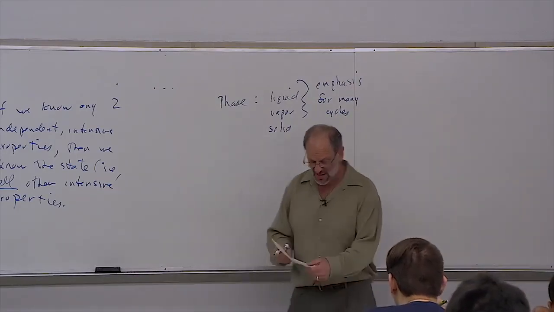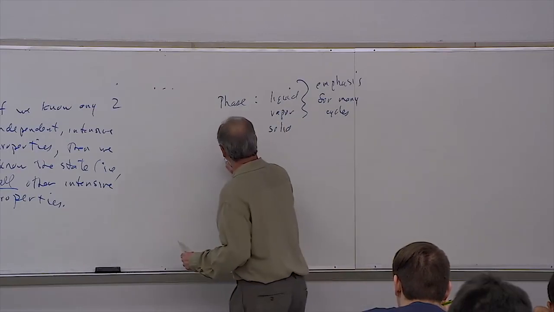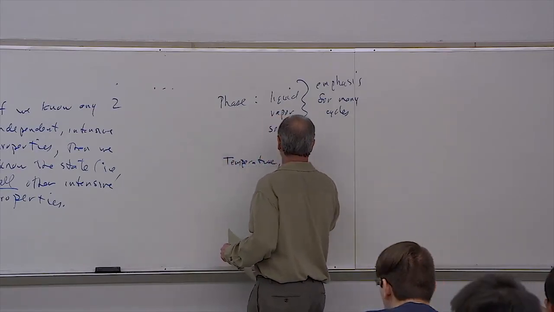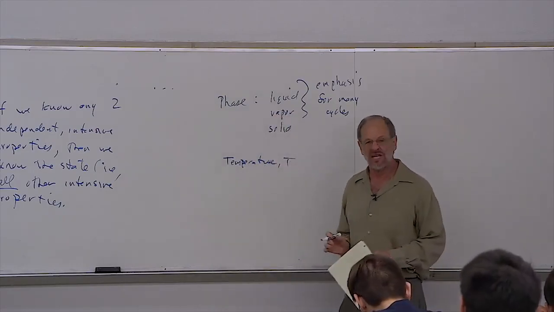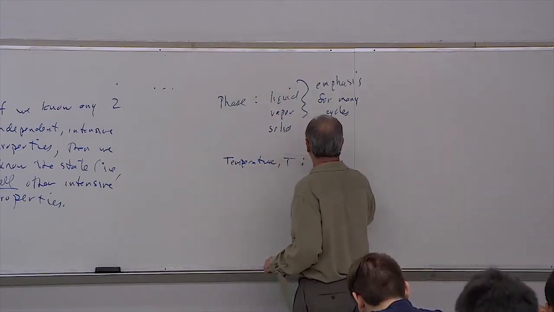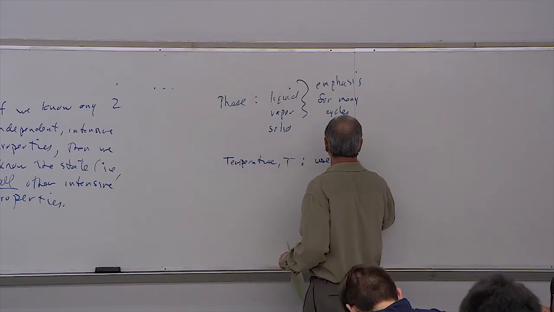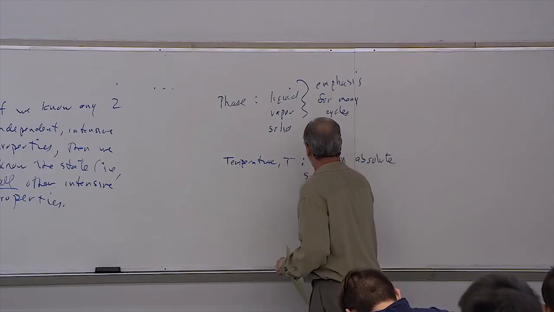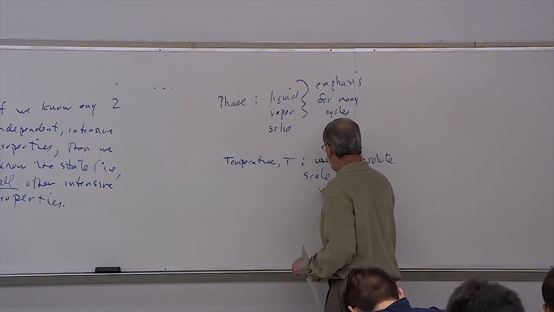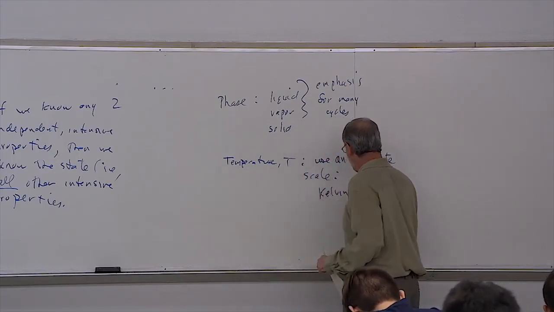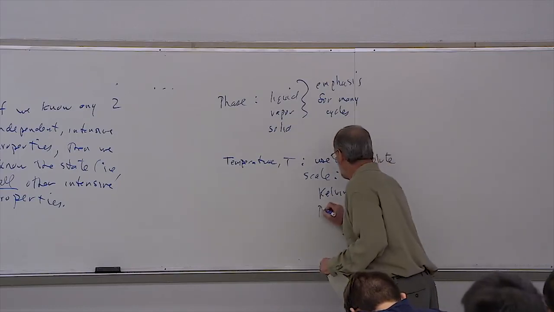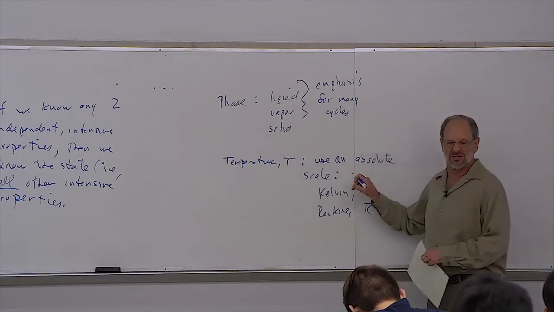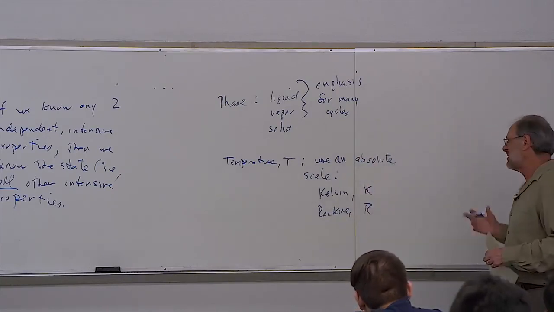Okay, so another thing I want to talk about is temperature. So temperature T. Let's keep in mind that we generally use an absolute scale. In other words, Kelvin, which we just call K, or Rankine, R. I mean, you could put the little circle up top, for the degree sign, but generally you don't.